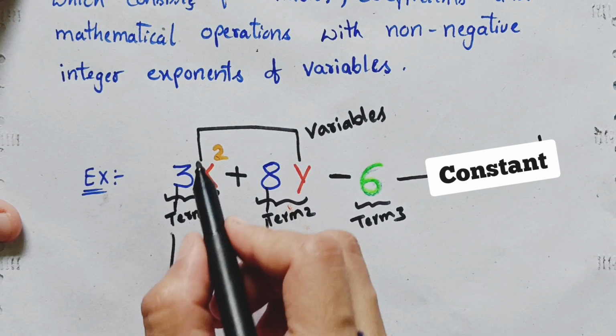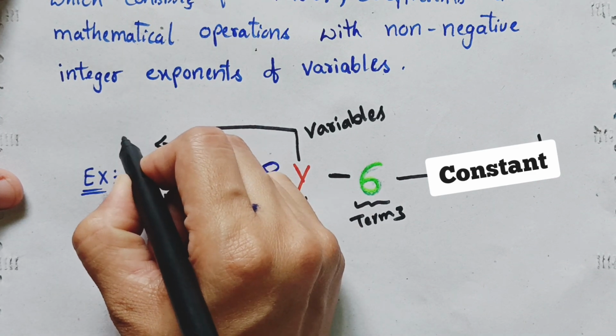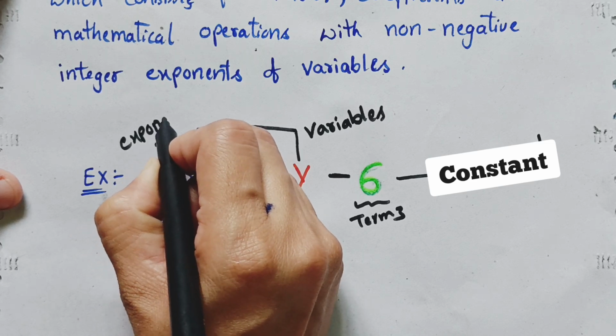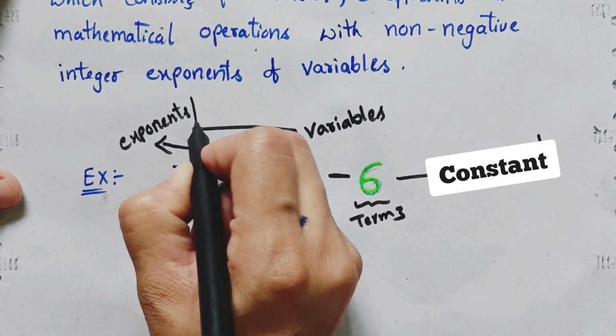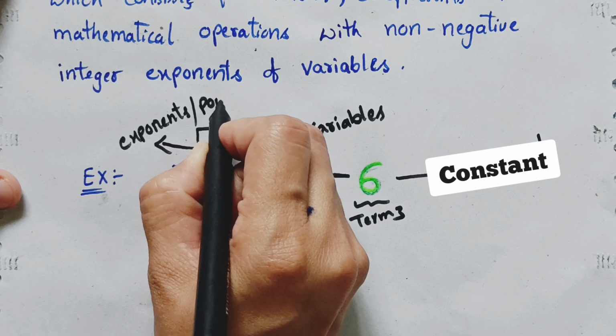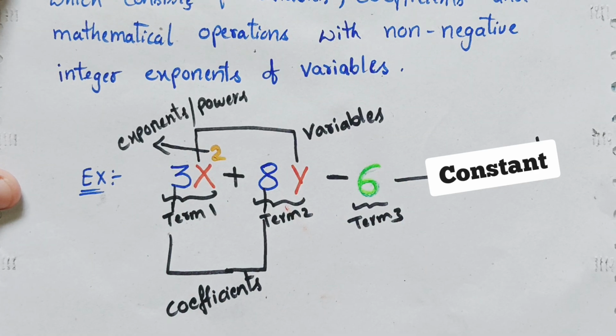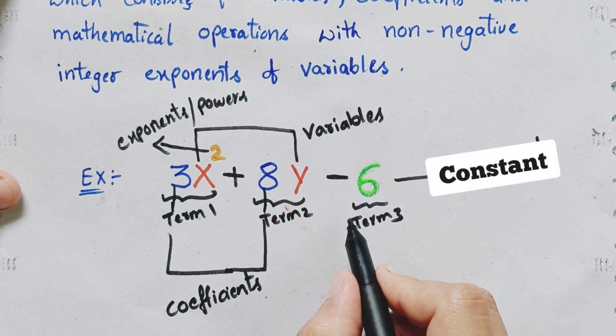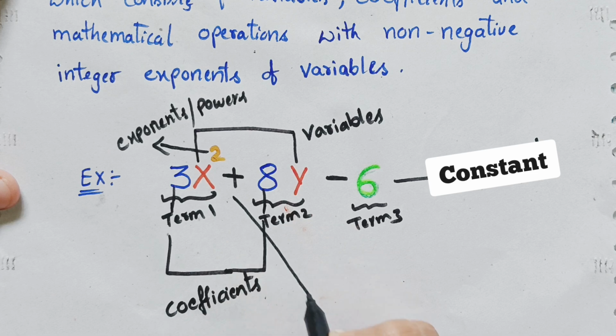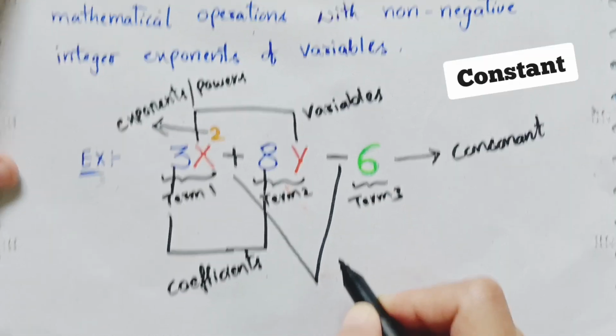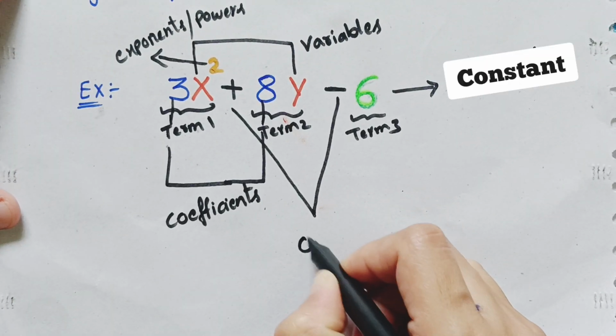Then this 2 is an exponent, or we call it also powers. Then what we left? So this plus and this minus we call it as operations.